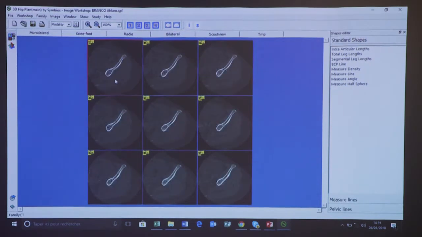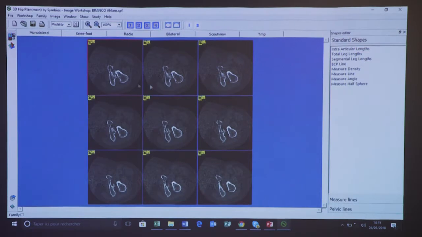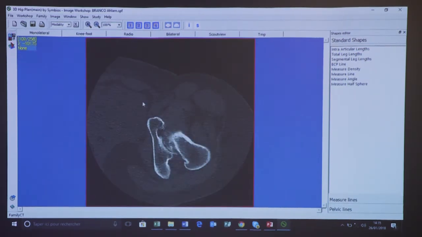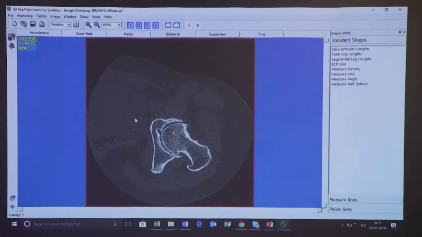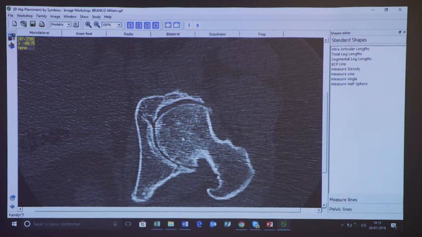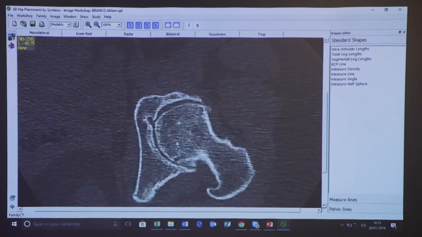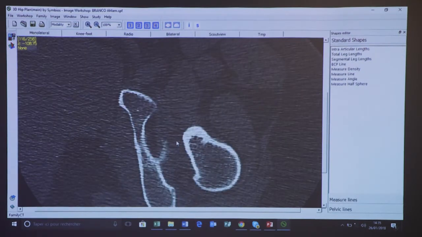For the monolateral side here now, it's very interesting because we can analyze this. For sure, the hip is not dislocated, it's true, but you can see that there is a huge difference between the anteversion here and the head torsion here.